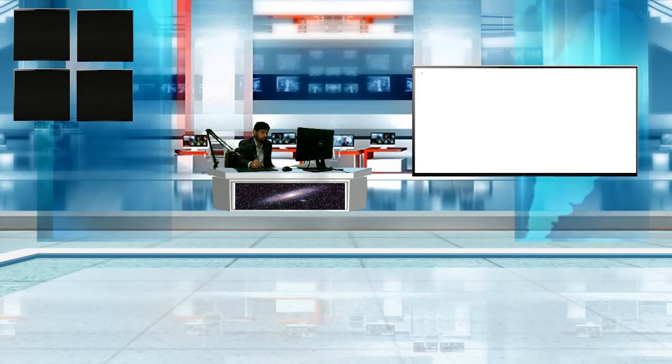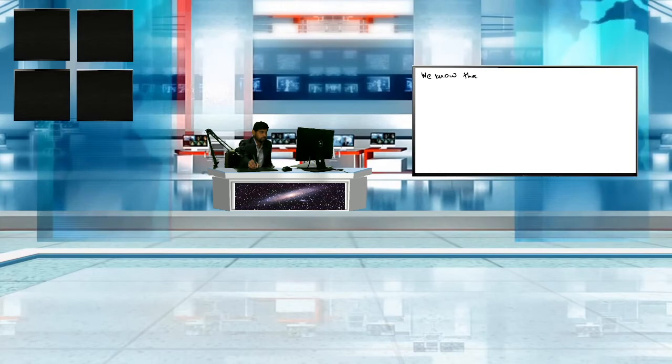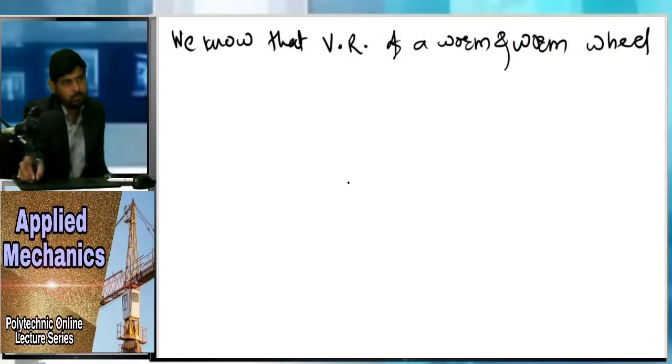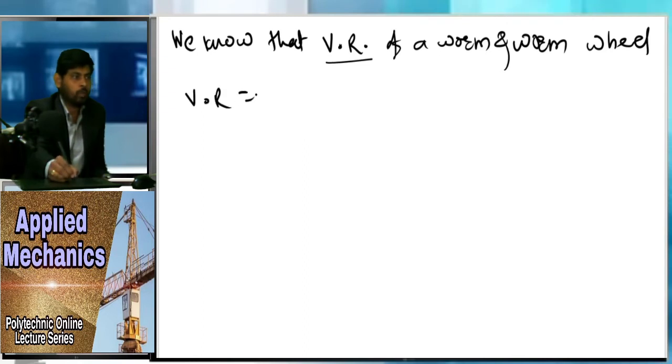We know the formula for the velocity ratio of a worm and worm wheel: velocity ratio is equal to D T upon 2r.